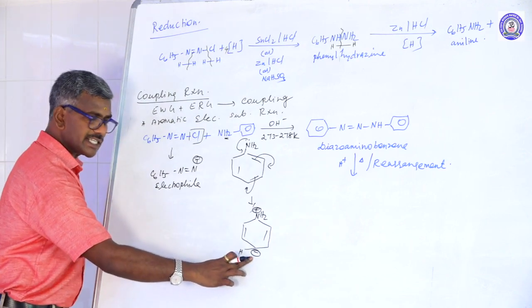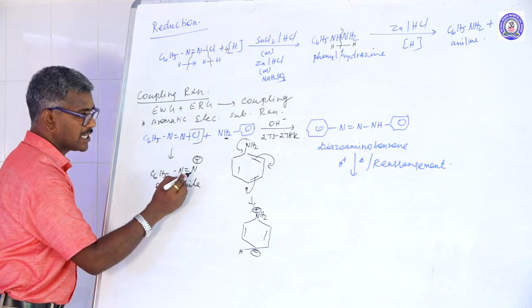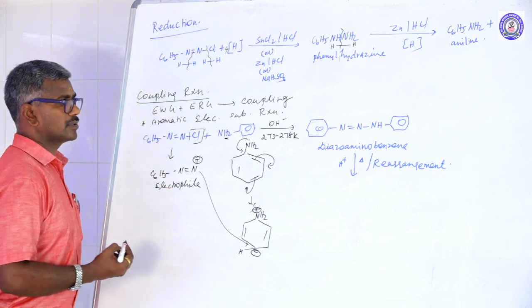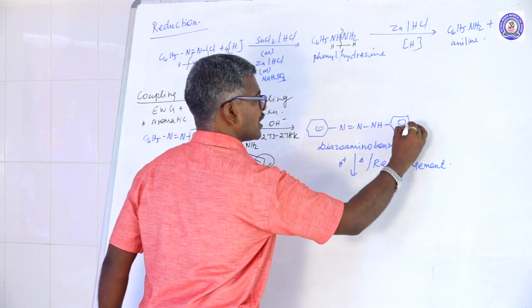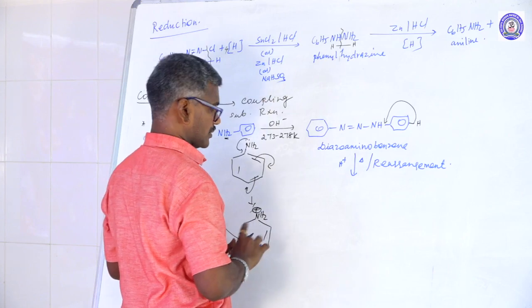This one is an electron rich species able to donate to the electron dense species. The positive charge couples with the negative charge. There is a rearrangement, here a hydrogen rearrangement.